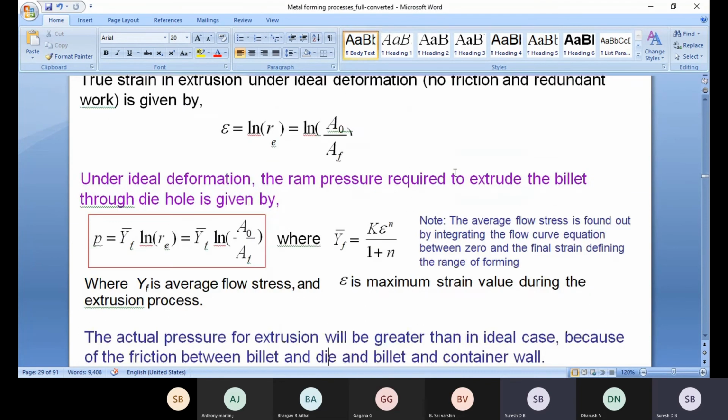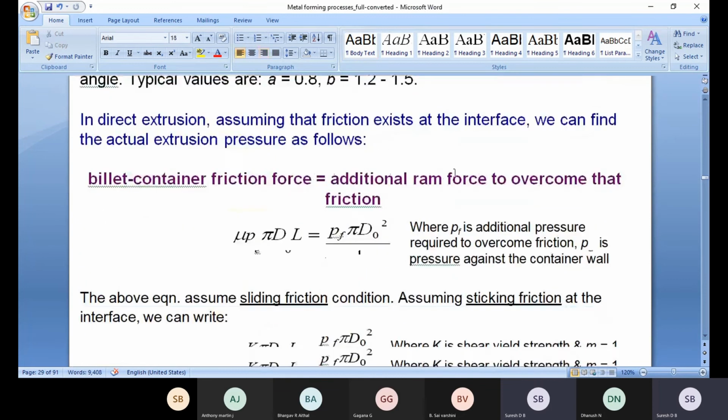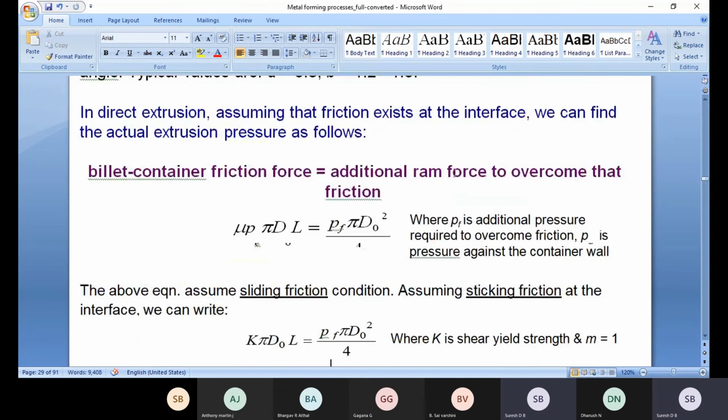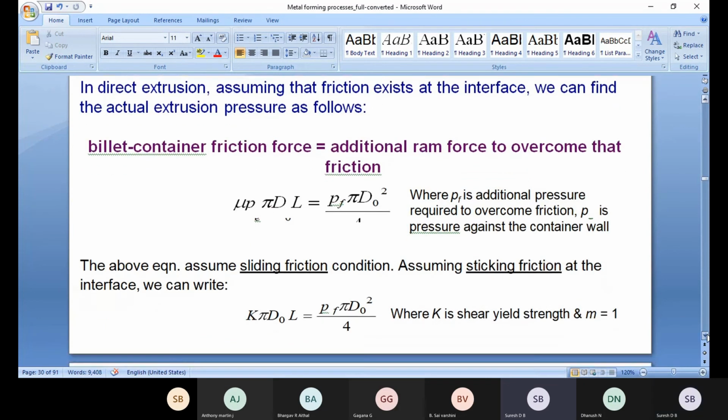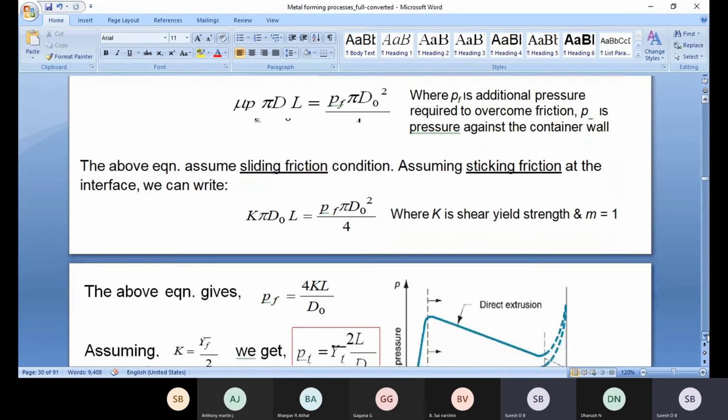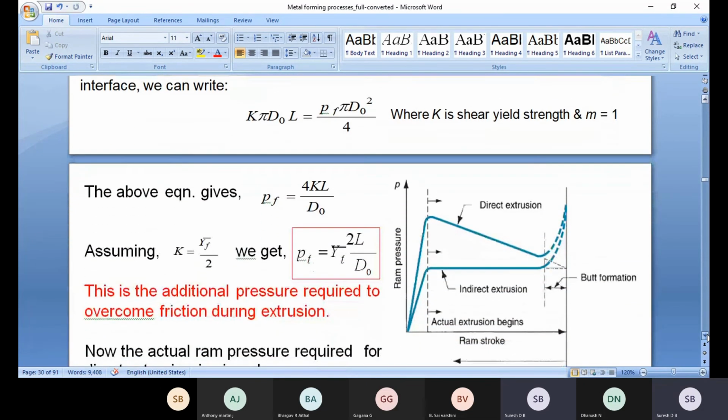That's why in the direct extrusion process, maximum force or maximum load is required, because complete compression of the material is very difficult in direct extrusion.